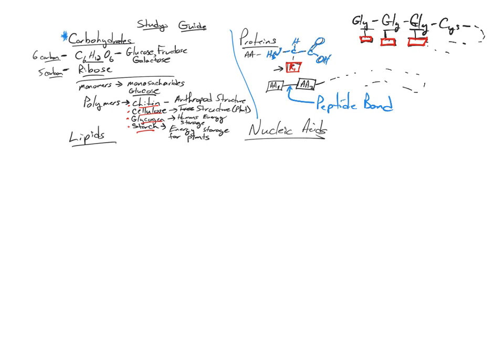Whether it's short or long, it's one amino acid connected to the other through peptide bonds. I've shown you earlier in the videos what that peptide bond looks like, but that's why we call these long chains polypeptides. And a protein can be one or more polypeptides.